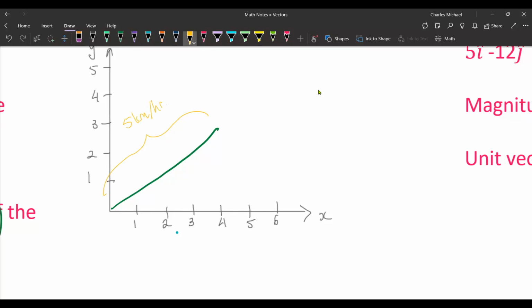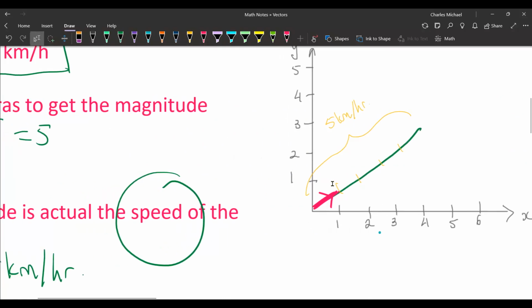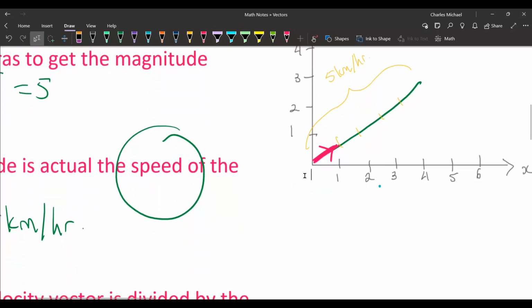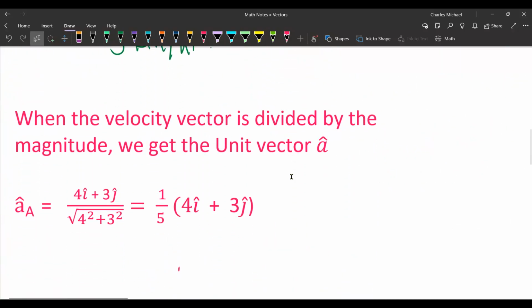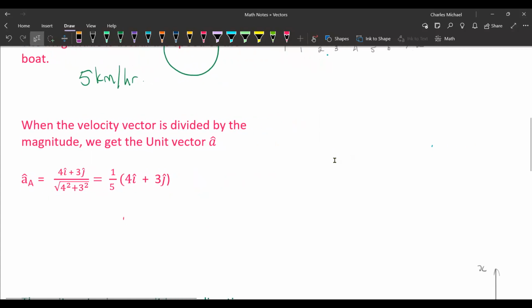And if, say, we divide it by 5, each segment here has a length of 1. Now we call that a unit vector. Its length is 1, in the direction of 4i plus 3j. So when the velocity vector is divided by the magnitude, we get a unit vector.